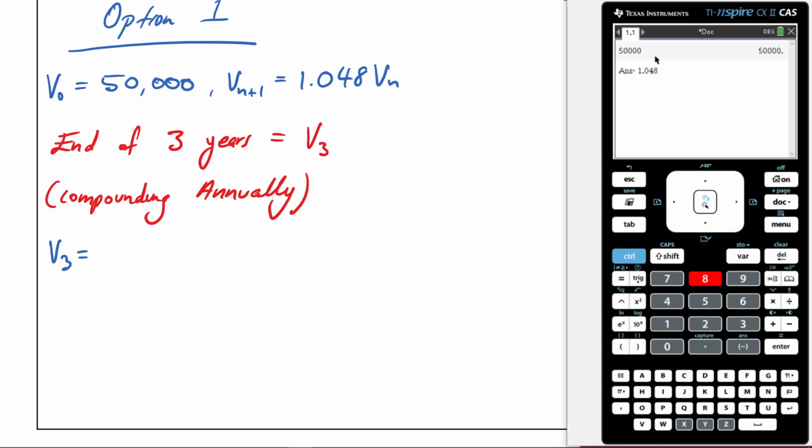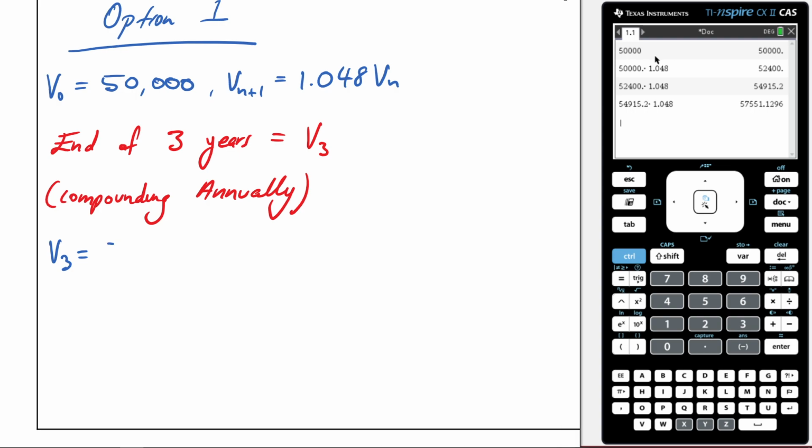So that means every year, I'm going to be earning 4.8% of the previous year's balance. 1, 2, 3. So I'm going to end up with 57,551.1296. Therefore, it's going to be 57,551.13. That's how much is going to be the loan. There it is.